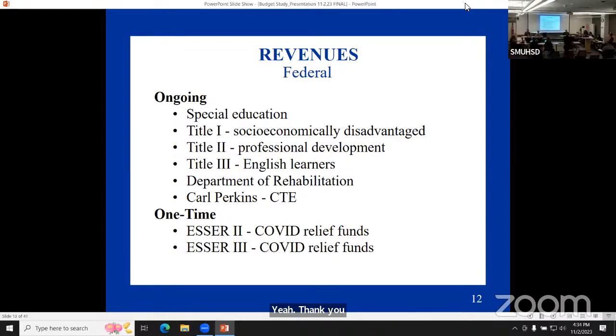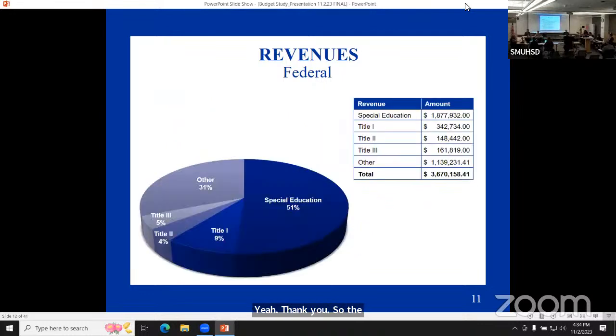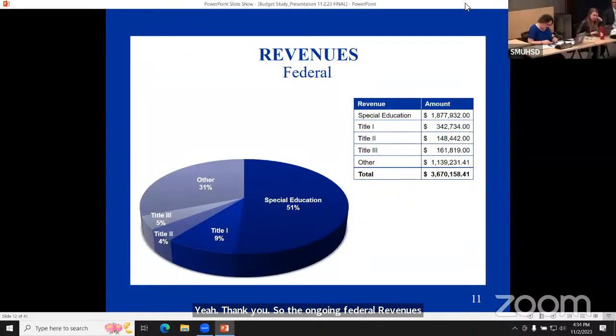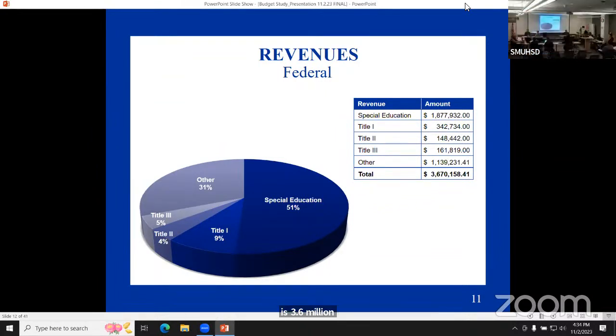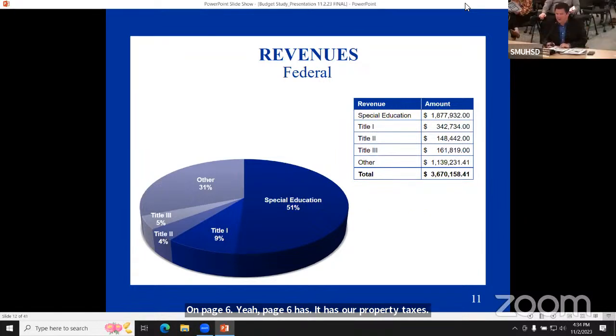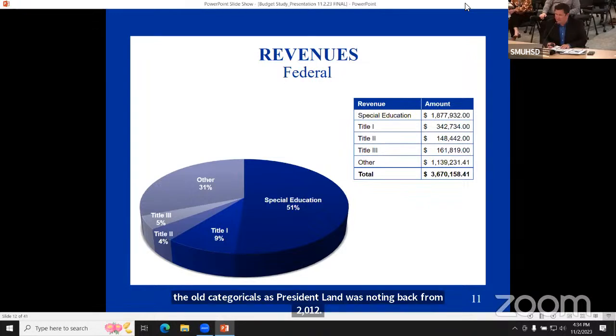So the ongoing federal revenues for special ed and Title I and 2, would that be the same on page 6? This says state aid is 3.6 million. On page 6, page 6 has our property taxes. No, the state aid for those are the old categoricals, as President Land was noting, from 2012 for non-community funded basic aid districts.